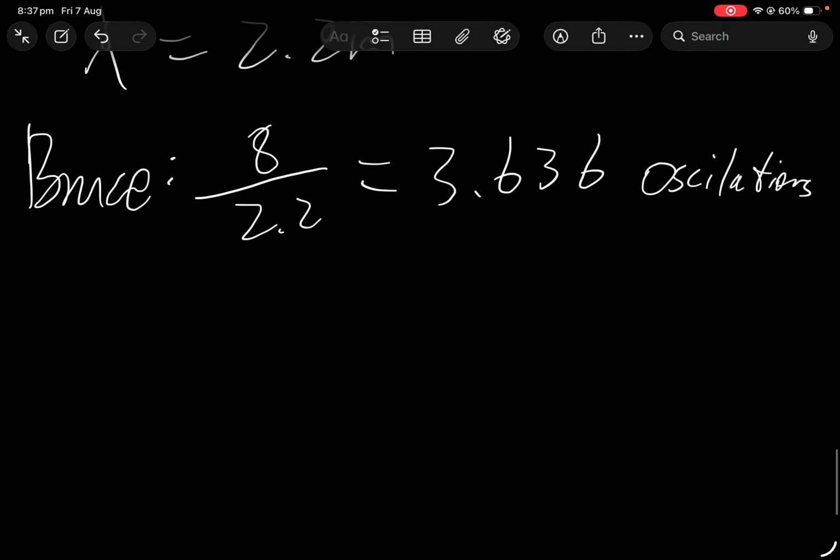So it should look like 1, 2, 3, and then it'll go more than halfway, around like that. So that's 3.6.